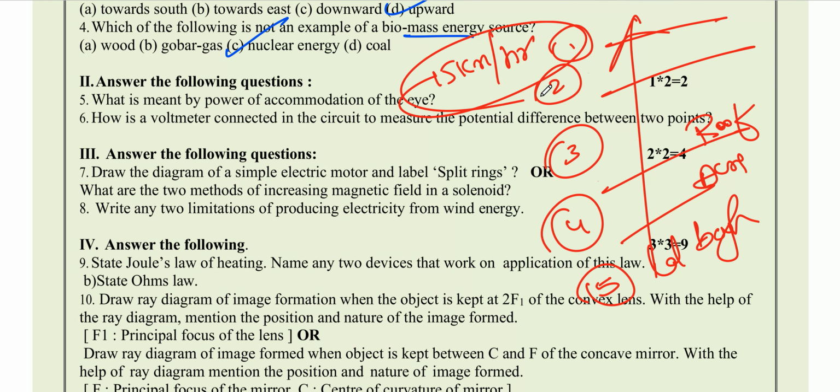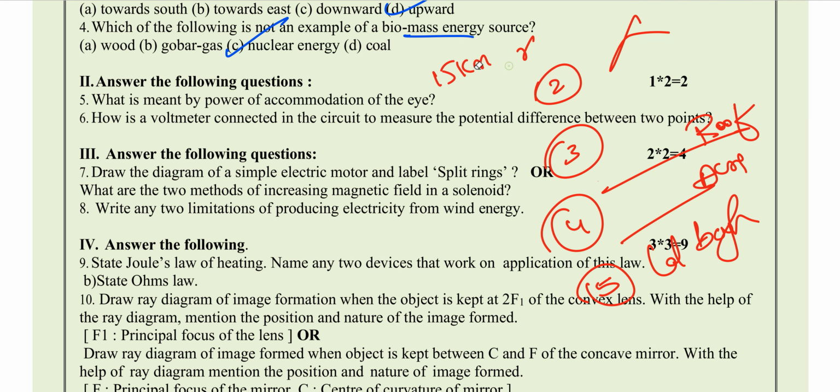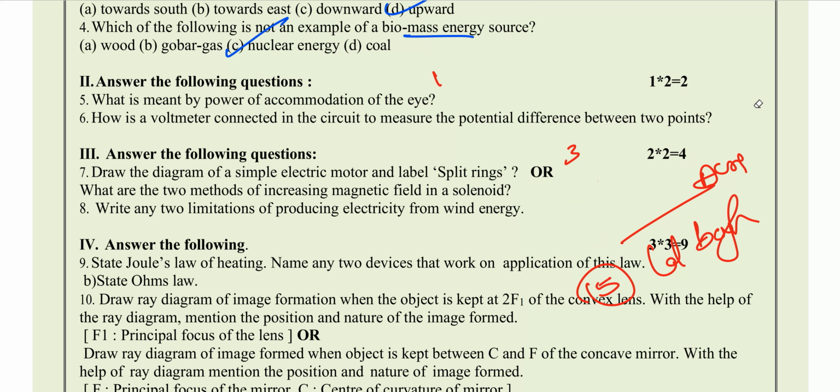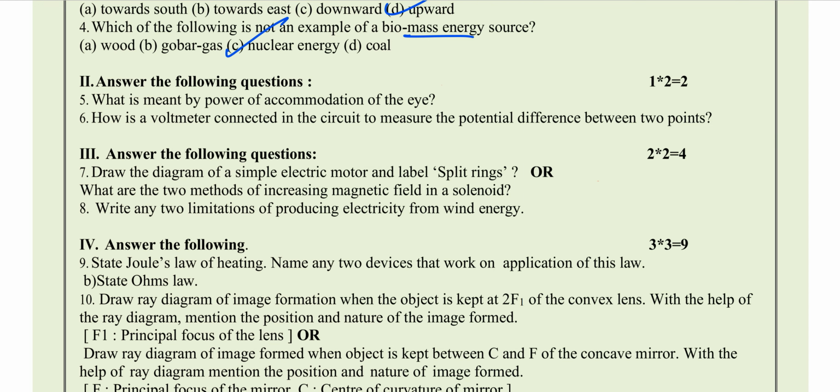Got it? Next point. Imagine, see here, children. For example, observe here. This is my switchboard of my house. Are you getting? This is the switchboard of my house.